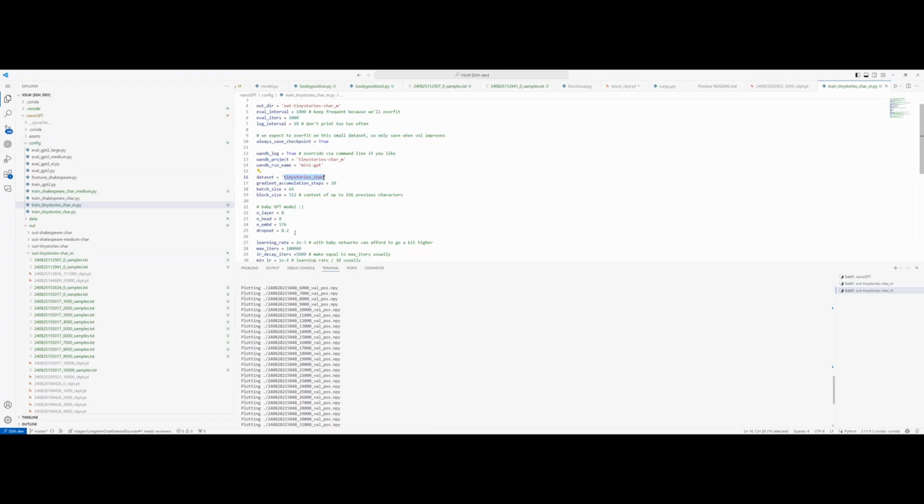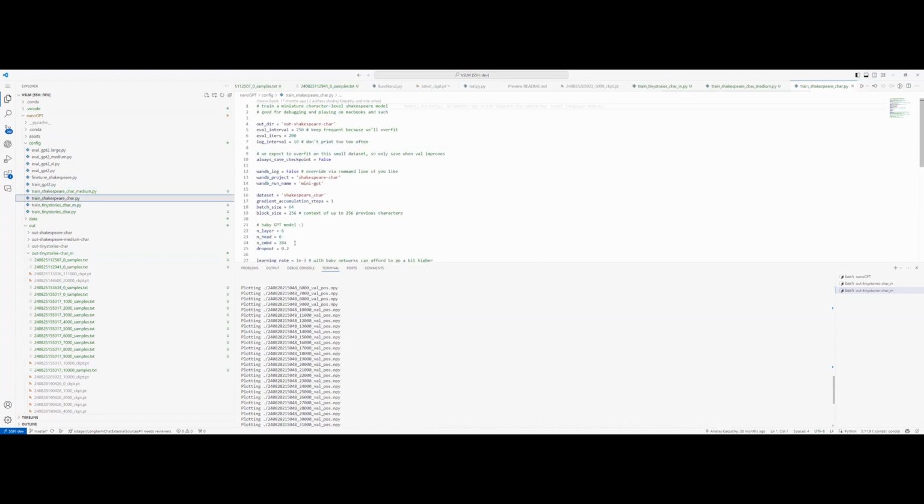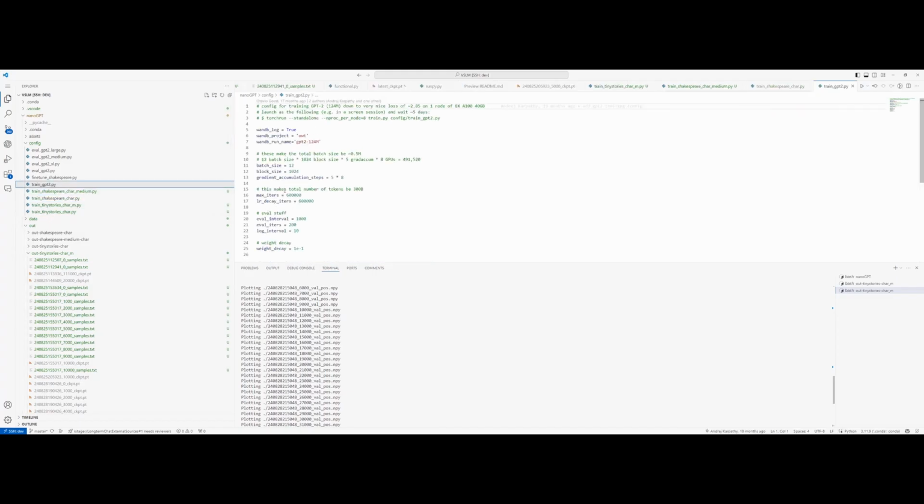And for the model, I tried to pick something halfway between Shakespeare, which is 66384, and GPT-2. Where is its heads? Okay, I don't know why it's not there.